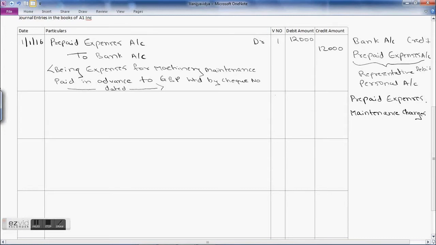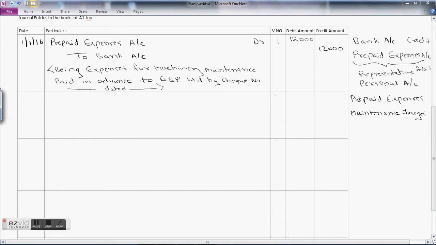Now prepaid expenses is a representative personal account, correct? And maintenance charges is what? Nominal account, correct? Now maintenance charges, what is the rule for nominal account? Debit all expenses and losses, credit all incomes and gains. Maintenance charges is an expense, so we have to debit it.